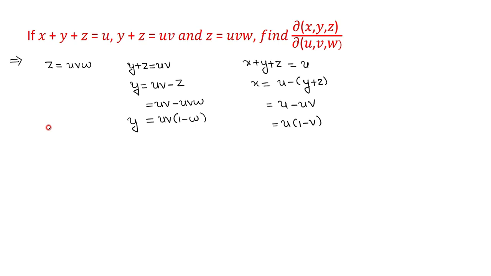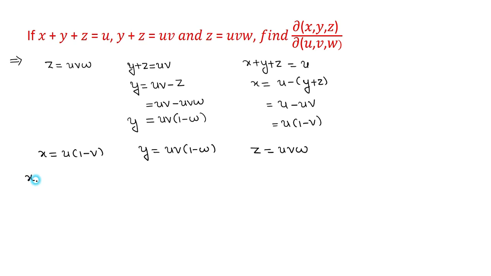So we have x equal to u(1 minus v), y equal to uv(1 minus w), and z equal to uvw. Once we express xyz in terms of uvw, which are the independent variables here, we find the derivatives of xyz with respect to uvw.